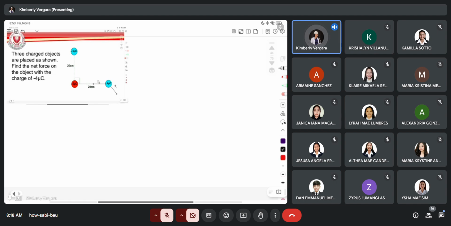Our formula for F is K Q1 Q2 all over R squared. Sabihin natin ito si Q1, this is Q2.